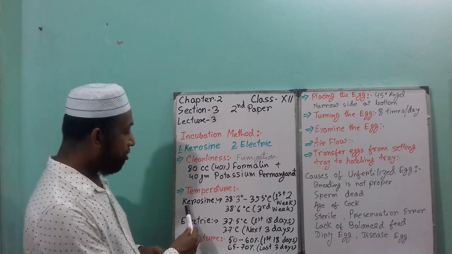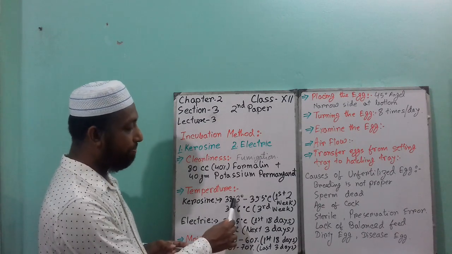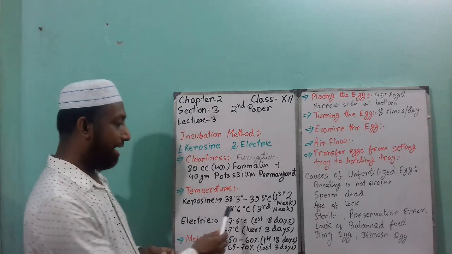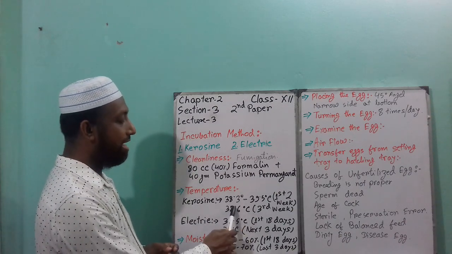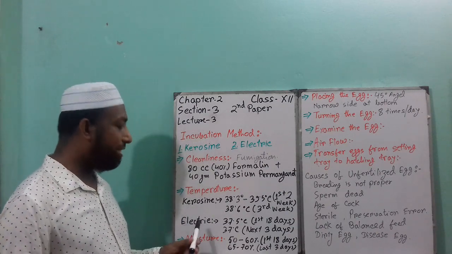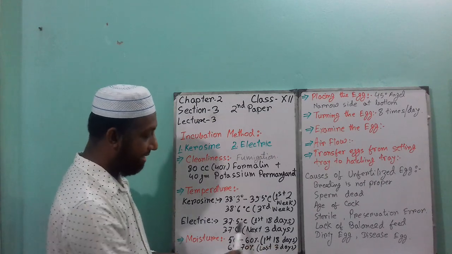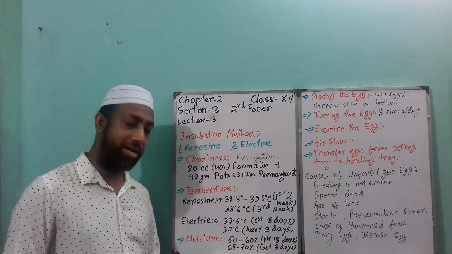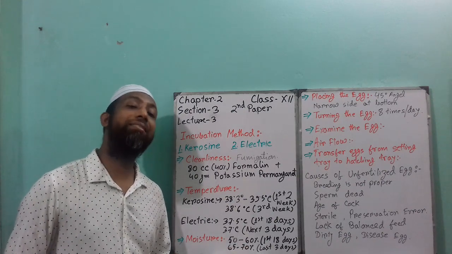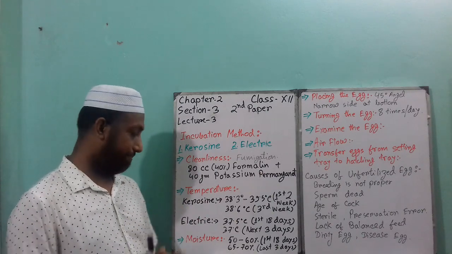In the kerosene incubator, the first 2 weeks need 38.3 to 39.5 degrees centigrade, and the third week needs 38.6 degrees centigrade. What about the electric incubator? In the electric incubator you need 37.5 degrees centigrade for the first 18 days and 37 degrees centigrade for the next 3 days. You have to maintain the temperature inside the machine.